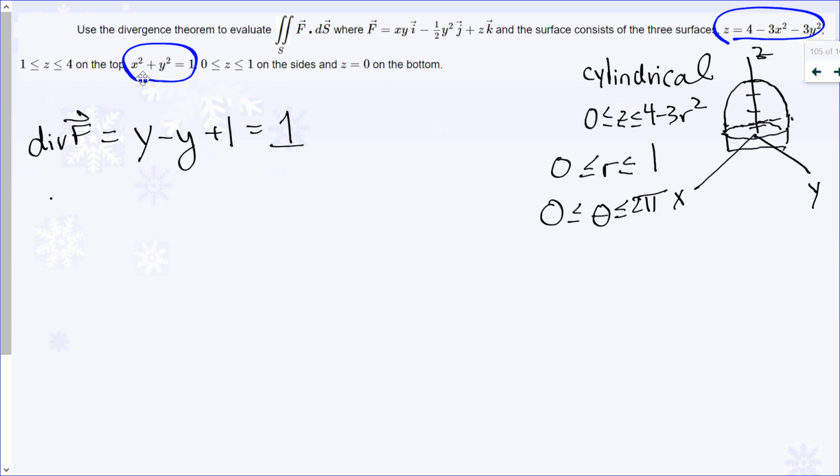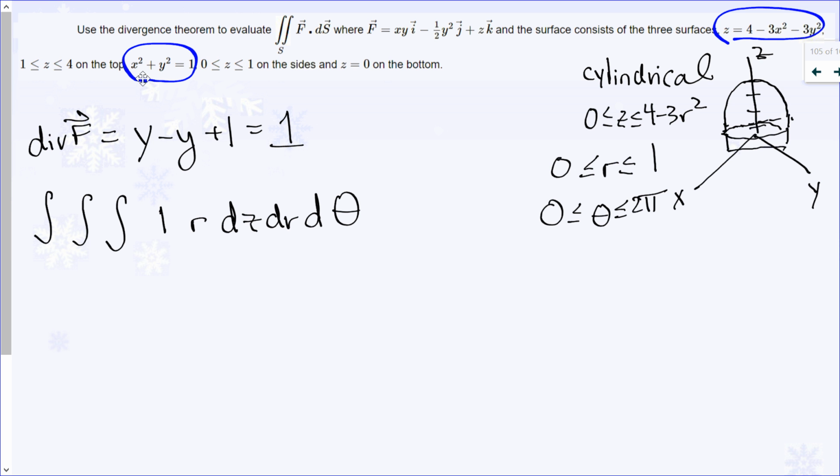All right, so we're going to do the triple integral of the divergence with respect to volume. So remember the conversion between Cartesian and cylindrical is r dz dr d theta.